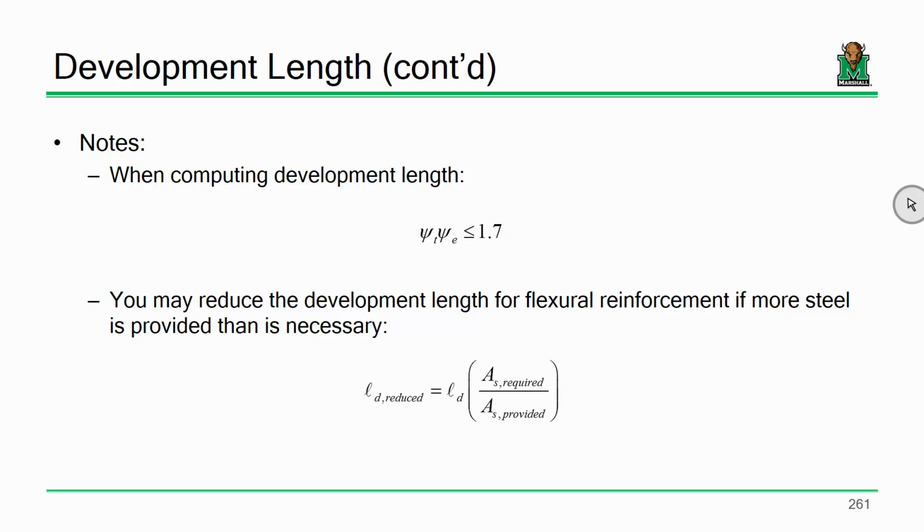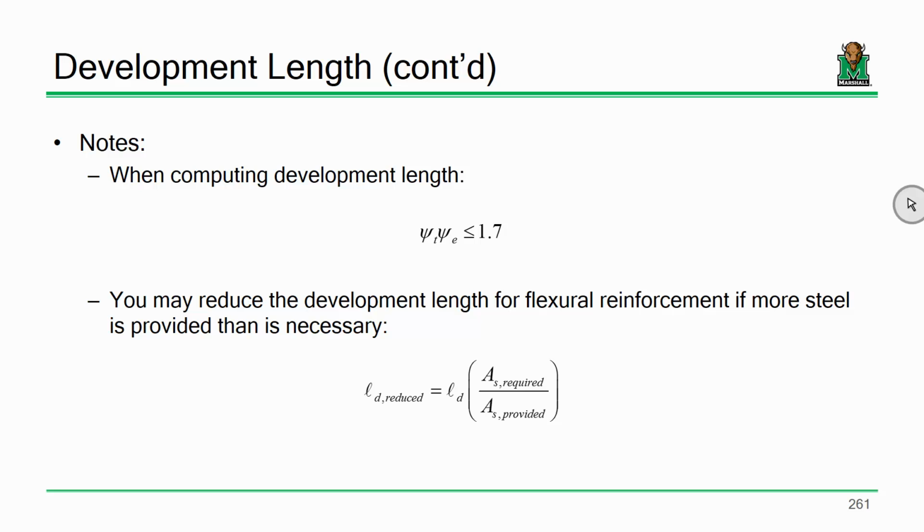Now this one's a nifty one. You are allowed to reduce your development length based on the difference between the area of steel required and what you actually picked. Now what I mean by that is you all have done beam designs in this class, and you'll go through and select the area of reinforcement, and the area of reinforcement might come out to be something like 5.94 square inches, right?